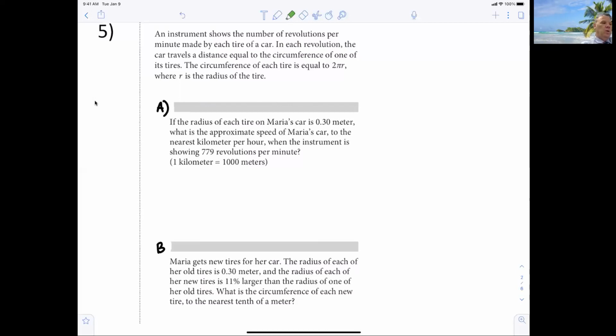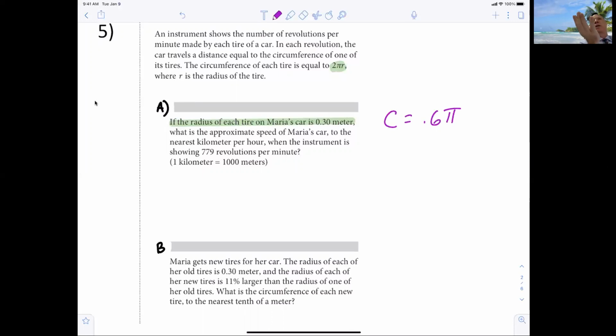So we already know that the circumference of the circle is 2 pi r, right? So if this person's car has a radius of 0.3 meters, that means the circumference is what? 0.6 pi. That means every time the tire rotates one time, it's going to travel how far down the road? 0.6 what?